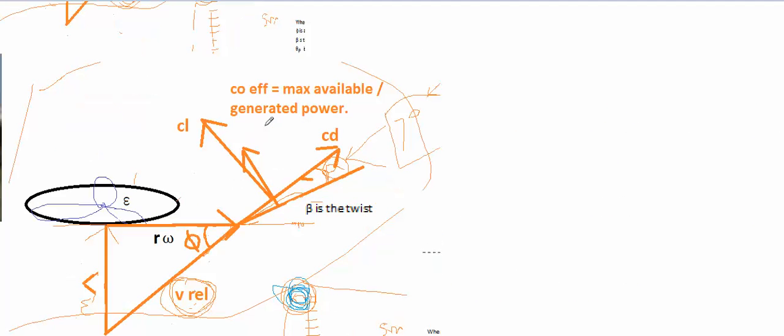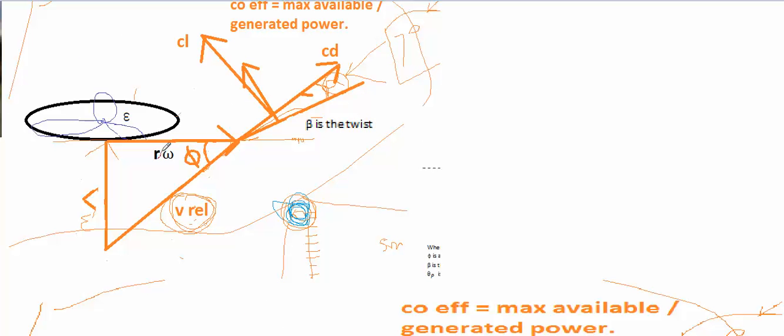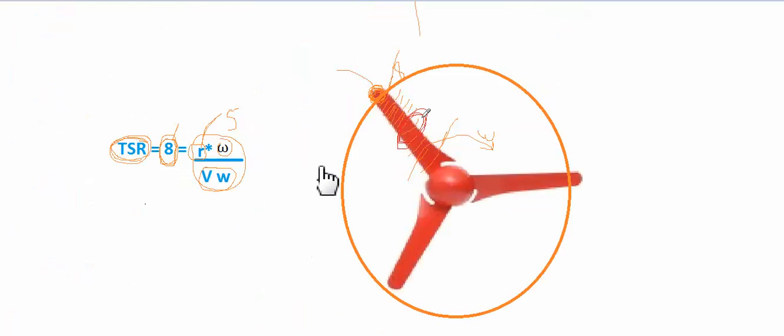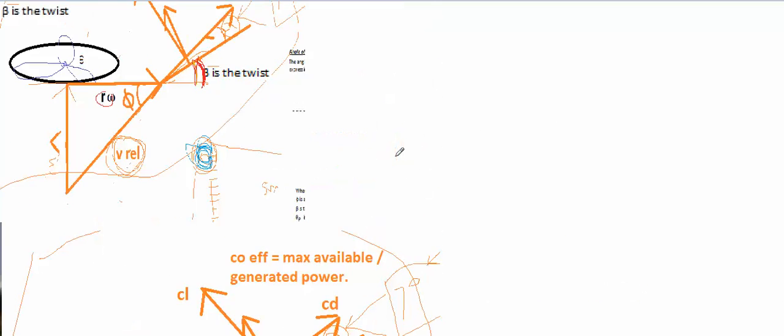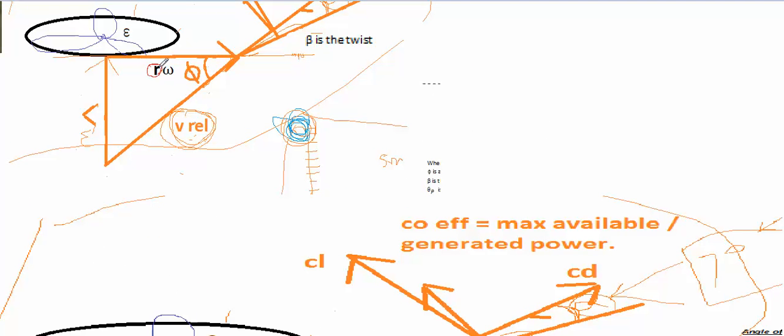Because this vector has increased, this phi has decreased, isn't it? It has to decrease because phi is basically tan inverse of 1 upon tip speed ratio.